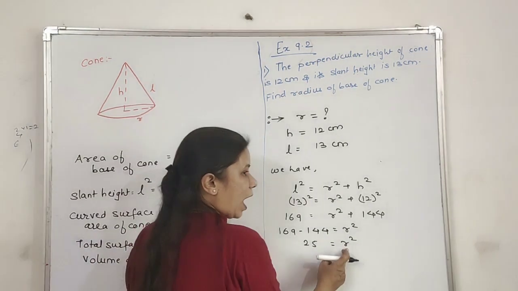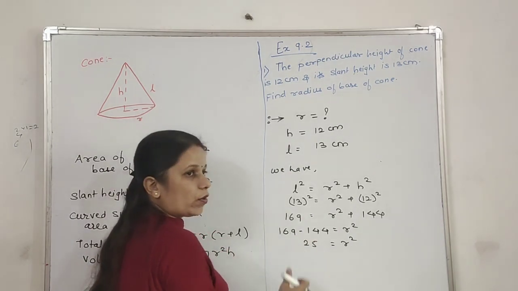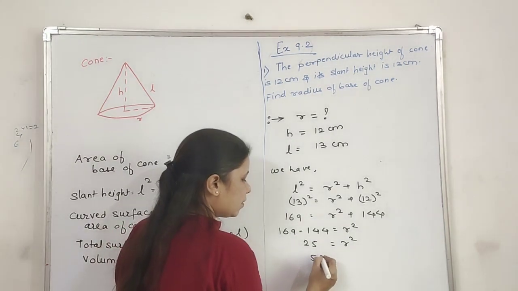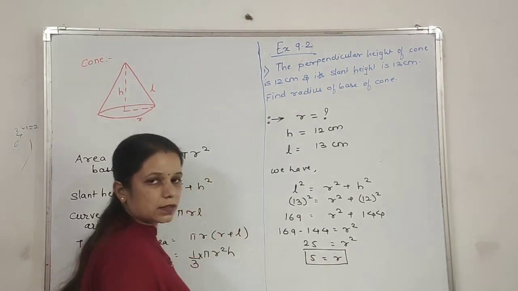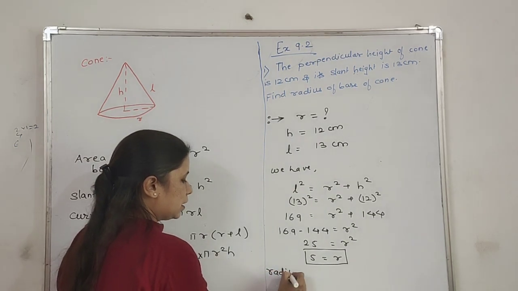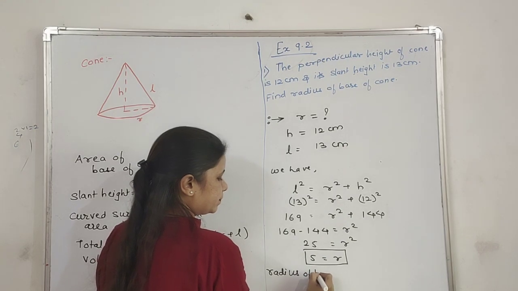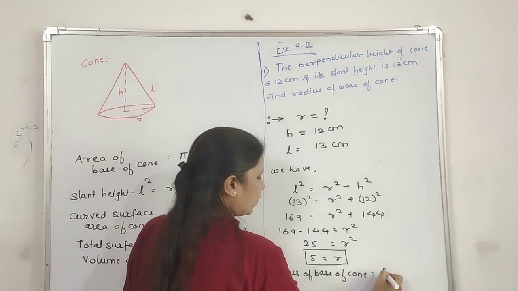But we want R. So to find R, we will have to take the square root of 25. And we all know very well the square root of 25 is 5. So 5 equal to R. This means radius of base of cone equal to 5.